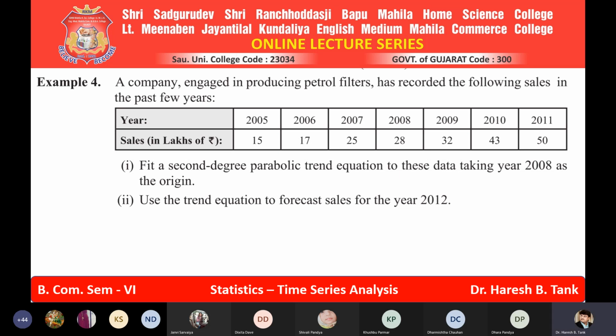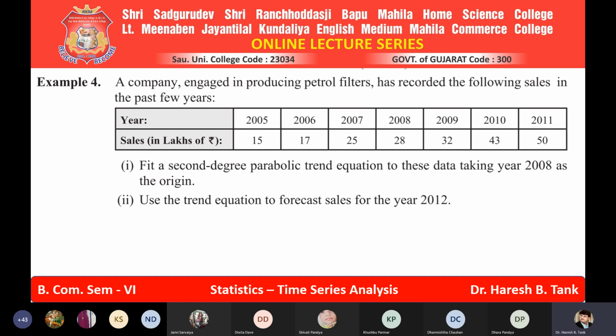A company engaged in producing petrol filters has recorded the following sales in the past few years: 2005, 6, 7, 8, 9, 10, 11. The number of observations is 7. Since the number is 7, you will have a middle year.